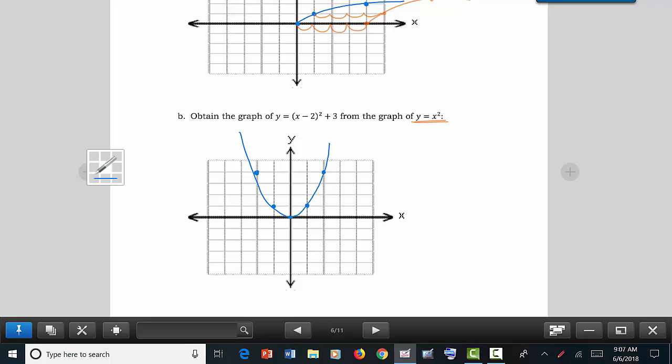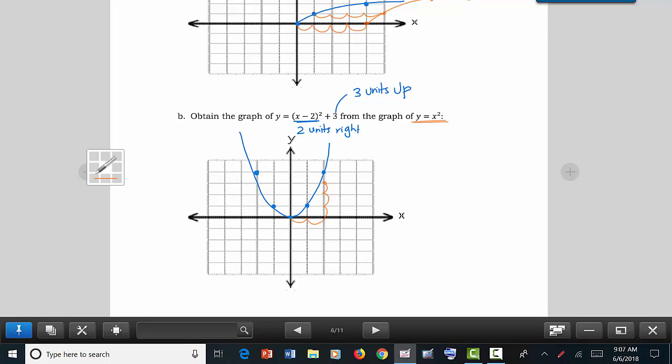Now what we learned in the previous 2 things, if we subtract something from the input, it will shift 2 units right. So it's 2 units right. And if we add or subtract in the output, that will pull up or down. Here we are adding, that's why it makes 3 units up. So let's do everything we know here. So 2 units right, and 3 units up: 1, 2, 3.